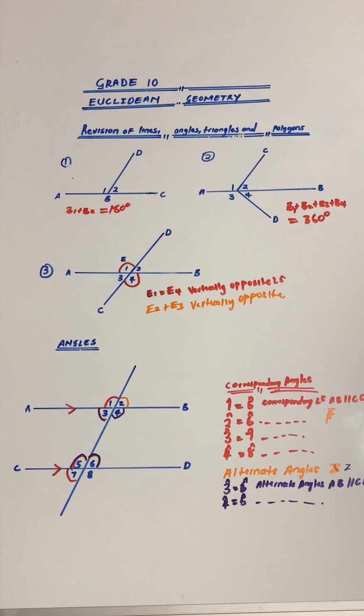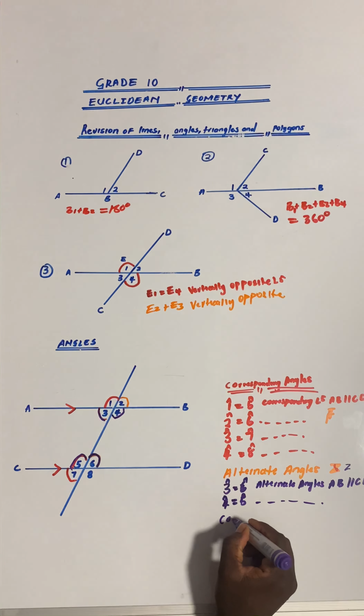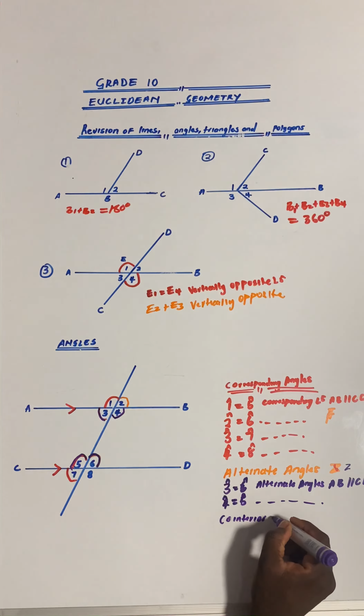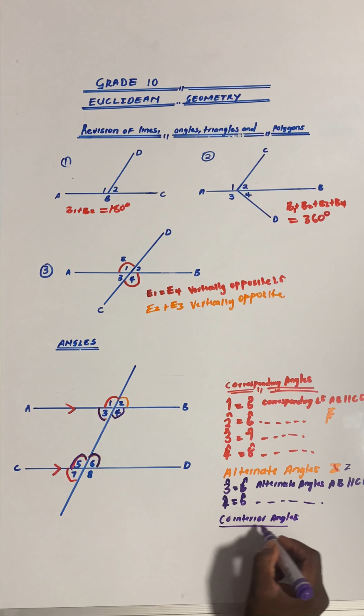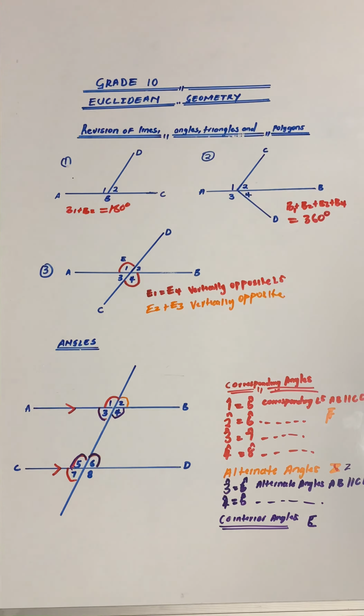Now, going on to the last type of angles that we usually get when we have parallel lines. Those would be co-interior angles. Co-interior angles usually form the C shape.